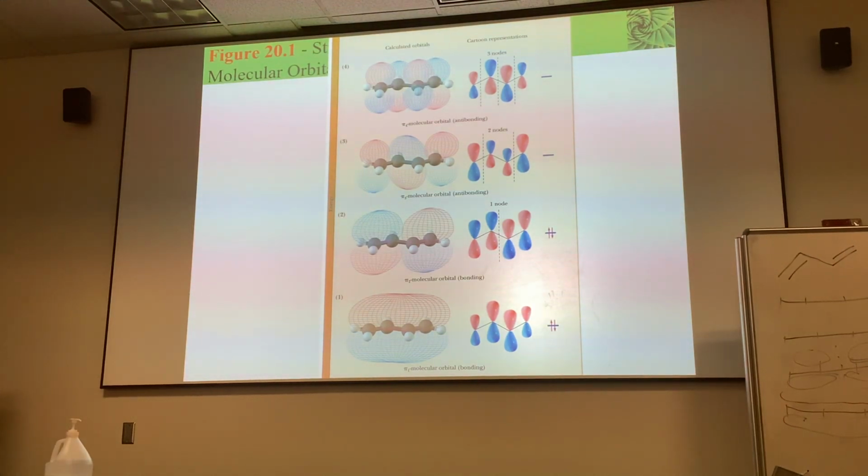I don't know how to code, but it gives you things like this. The only two we end up caring about are these guys: highest occupied molecular orbital, lowest unoccupied molecular orbital. And the energy gap between them is important.